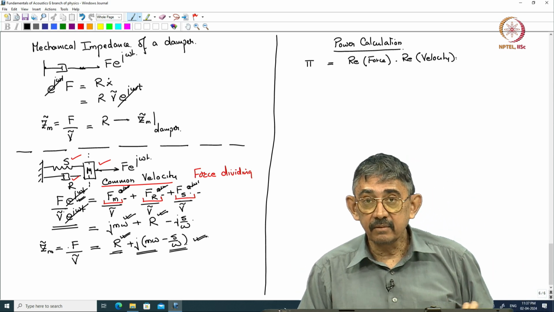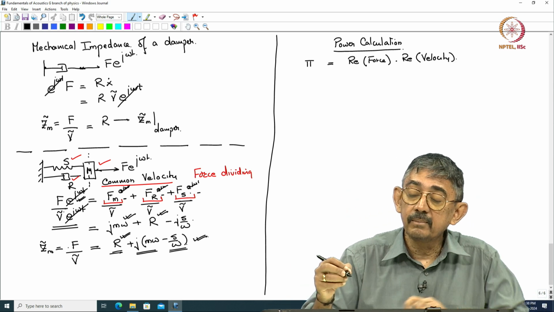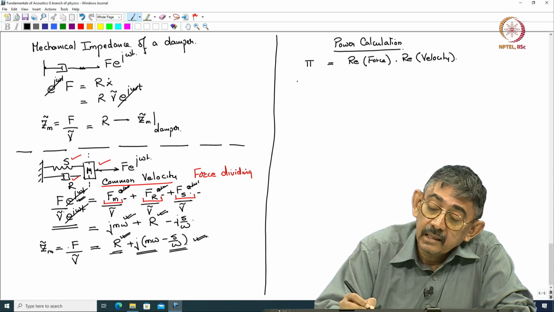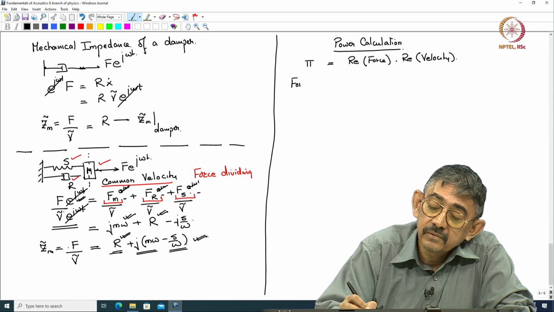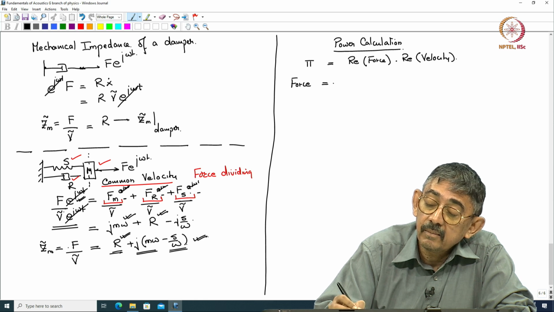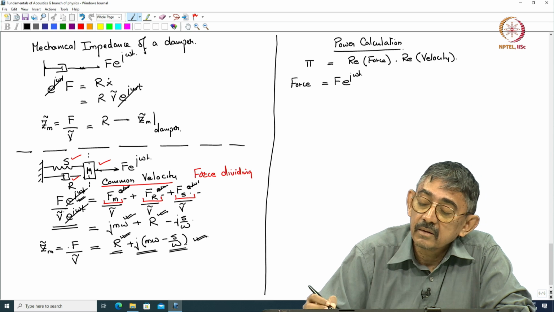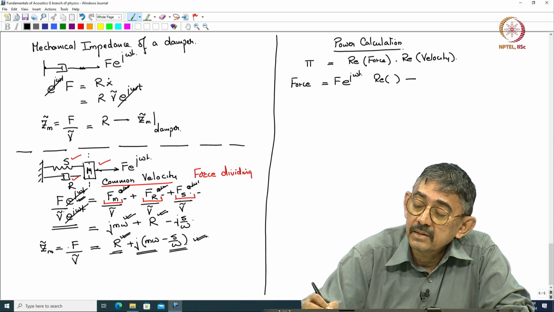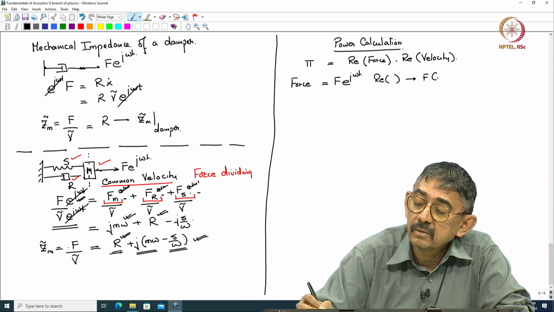Finally everything is real for us. So the power is the real part of the force into the real part of the velocity. Now the force was initially given by F e to the power of j omega t, so that the real part of the force is F cos omega t.